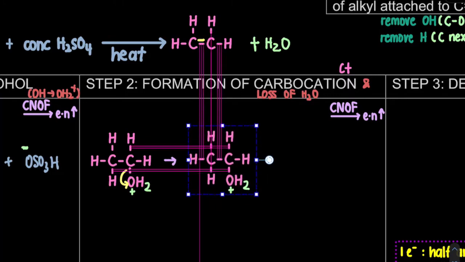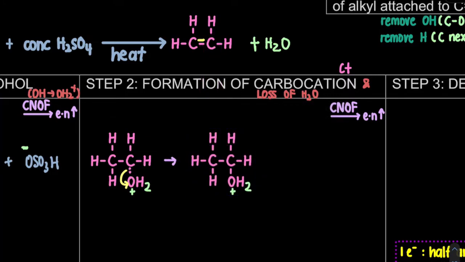So what happened here? The OH has left the group. So we remove this. Again, what happened here is actually the carbon has donated the electron towards oxygen. So if it donates, it will become positively charged. But what happened to our H2O?